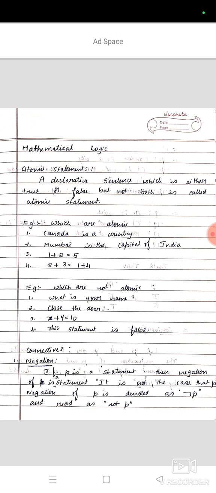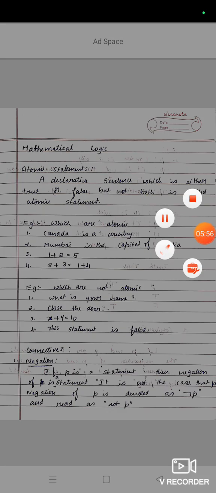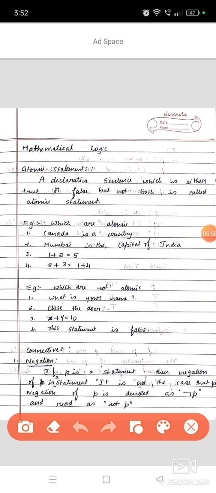Next, we study some connectives. The first connective is negation. What is negation? Suppose P is an atomic statement. Then not P is the negation of the statement. It may also be written as "did not."